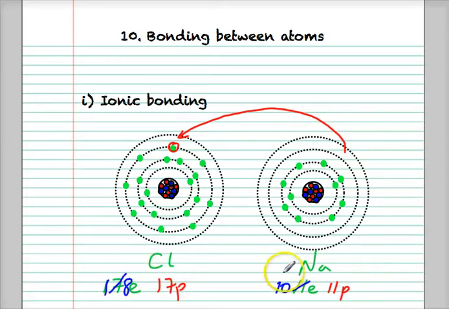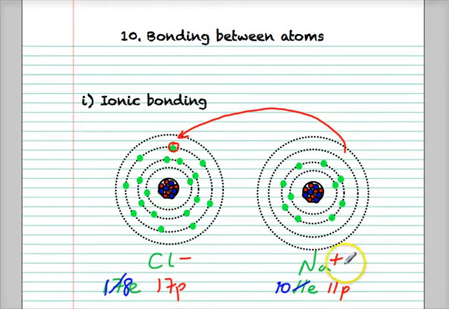The number of protons and electrons are now not the same, which means that these particles are now charged. The sodium, as it's lost a negative charge, now has more positives than negatives, so the sodium gains a positive charge. The chlorine has picked up a negative electron, so it's now got one more electron than proton, so the chlorine has now got a negative charge.